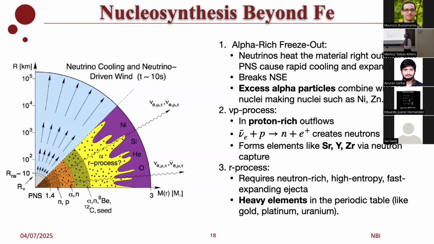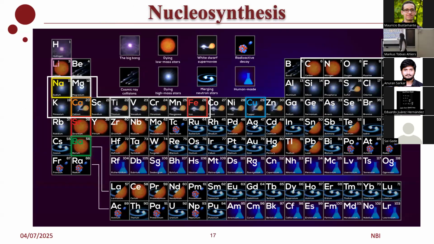Then if the core collapse supernova ejecta is proton rich, then protons can be converted into neutrons. Now we have neutron captures that can happen and trigger the creation of elements just after iron here.